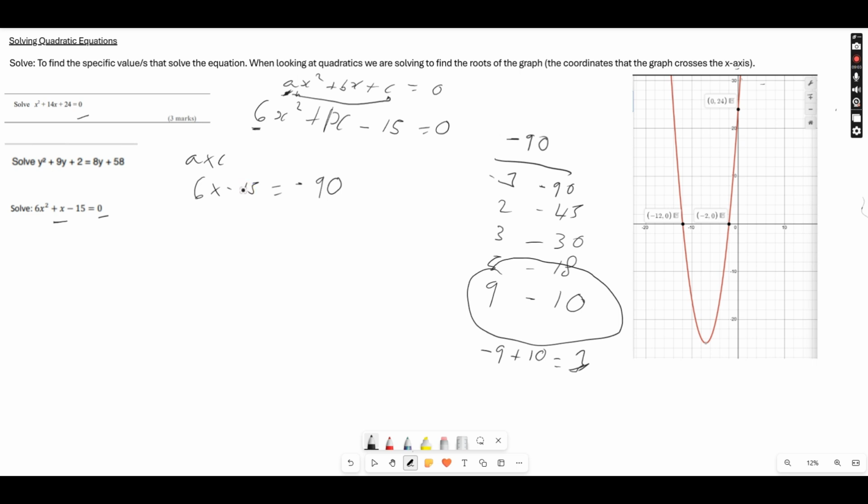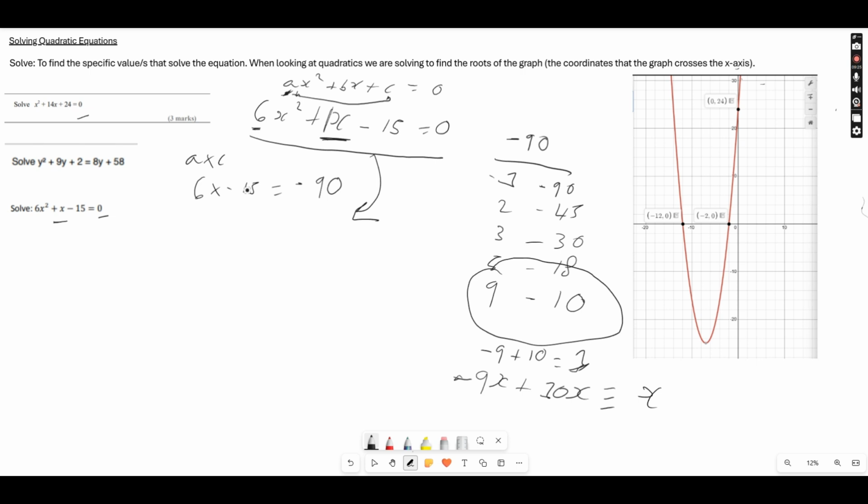What we can do to this equation is rewrite it, because we know that this singular x is the same as minus 9x plus 10x, which simplifies to just x.